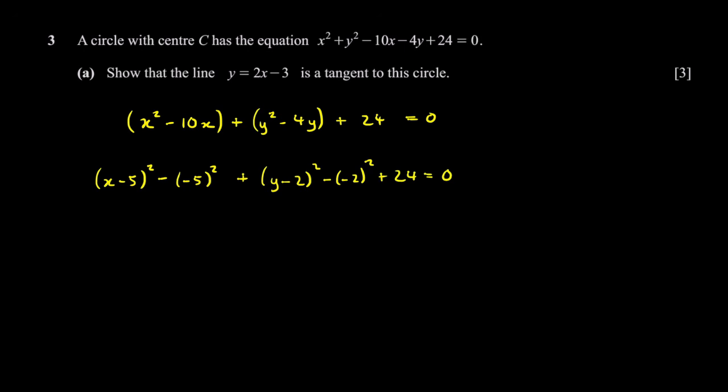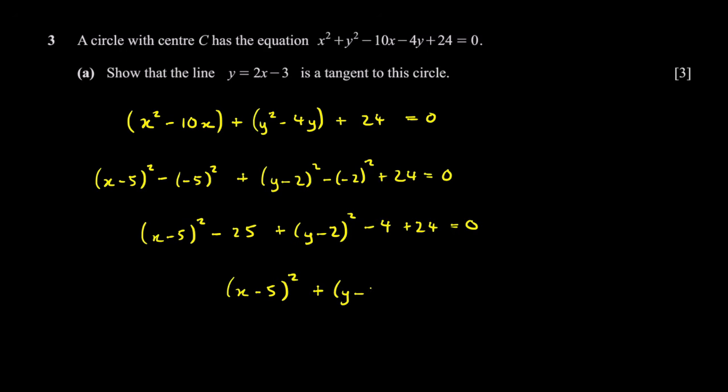So let's simplify this. We've got x minus 5 all squared minus 25 plus y minus 2 all squared minus 4 plus 24 is equal to 0, which becomes x minus 5 all squared plus y minus 2 all squared, and then 25 plus 4 is going to be 29, minus 24 is 5, right?